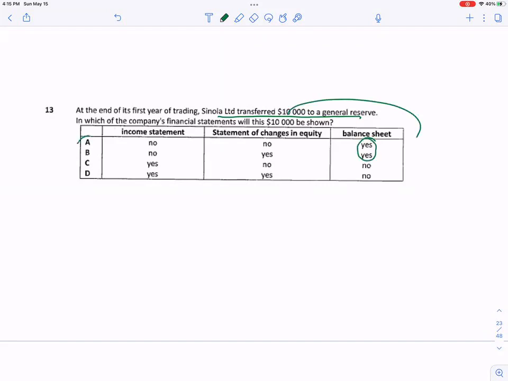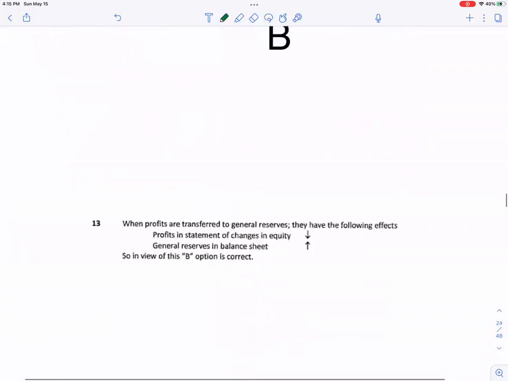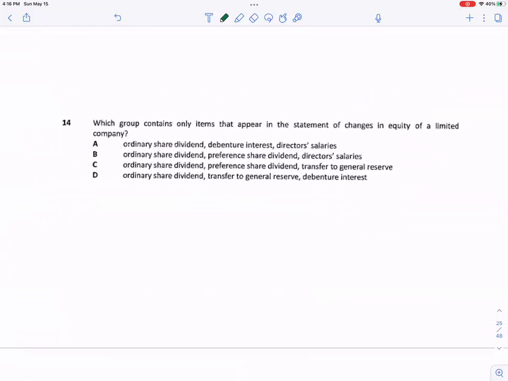So I have to choose between options A and B. Transfer to general reserves is also shown in the statement of changes in equity in the retained earnings column, right? So the option is B. Are you all with me? Yes. Let's go to the other one.